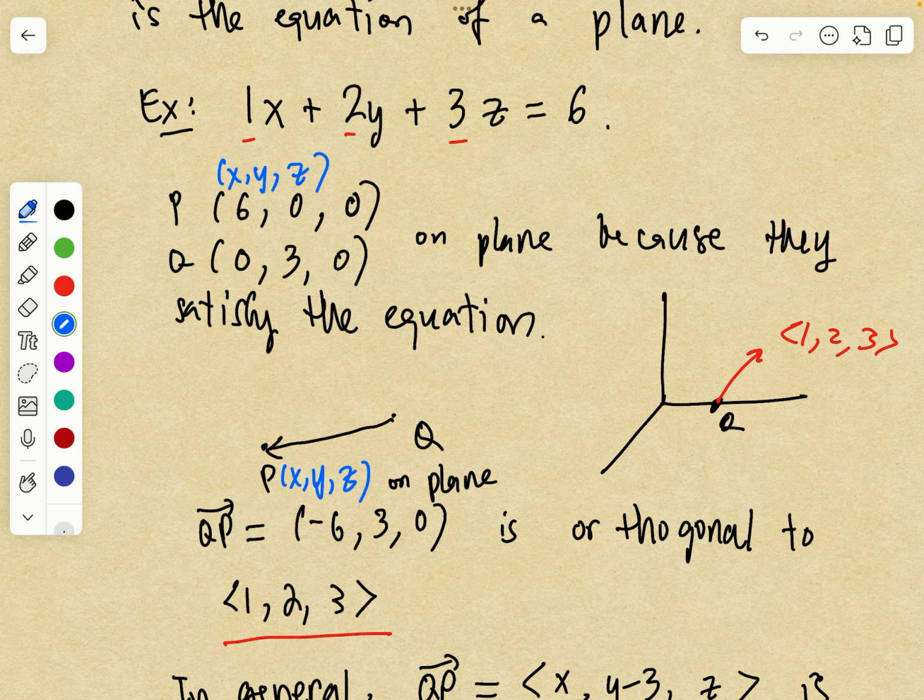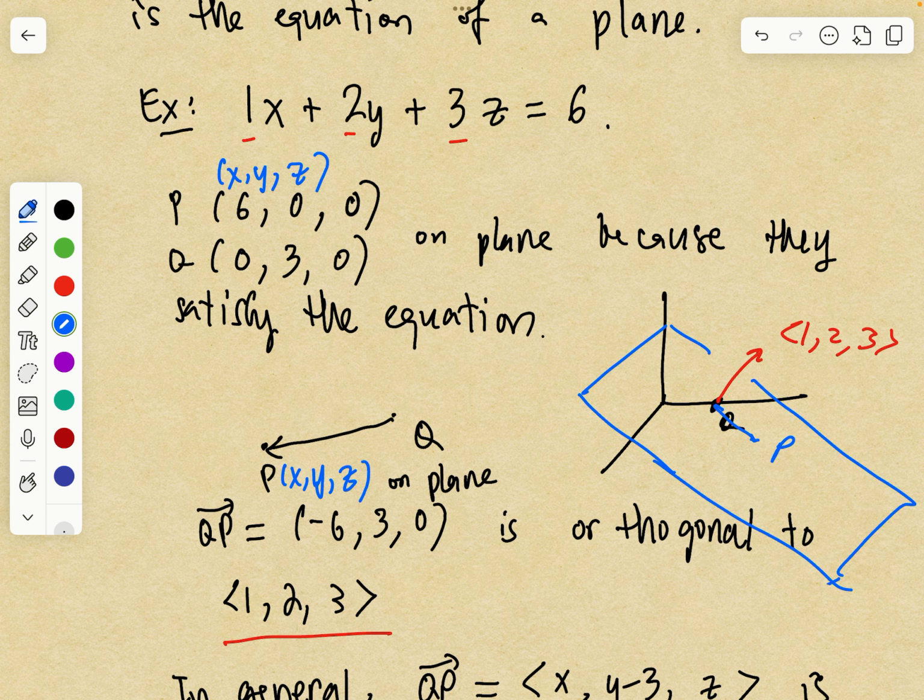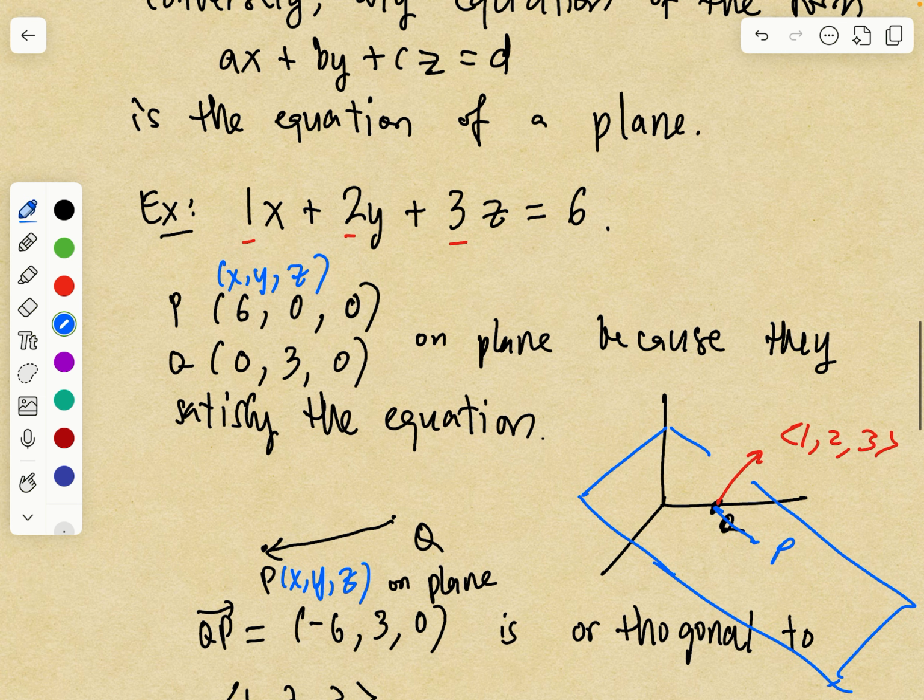And you want all the points P such that QP is orthogonal to 1, 2, 3. So if you take all the points, you're going to get a plane like this. So that's what the plane is going to look like. So that's how you know that this is the equation of a plane.